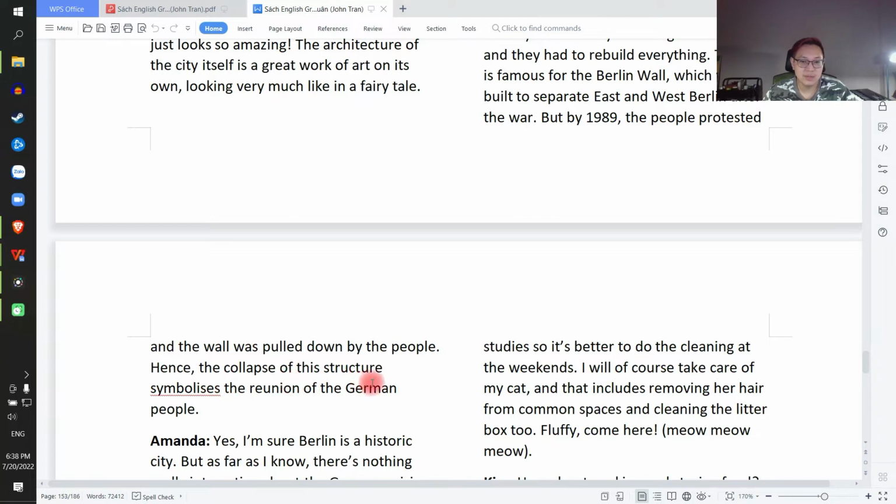Vì thế cái sự sụp đổ của cái cấu trúc này symbolizes, là dấu hiệu, là cái biểu tượng của sự reunion, sự tái hợp lại, sự gặp nhau lại sau bao nhiêu năm, của người Đức. Sự sum họp của người Đức, giống như là người Đức bây giờ không còn phân chia nữa, đã hợp lại làm một rồi.